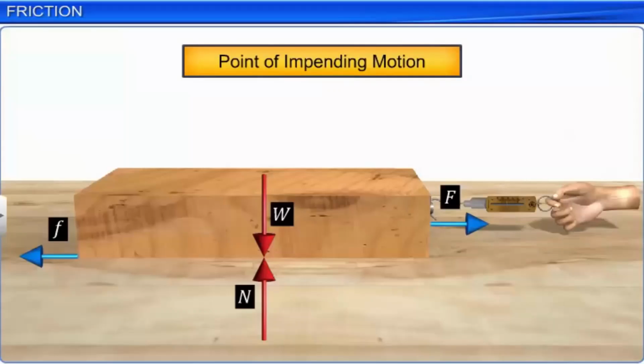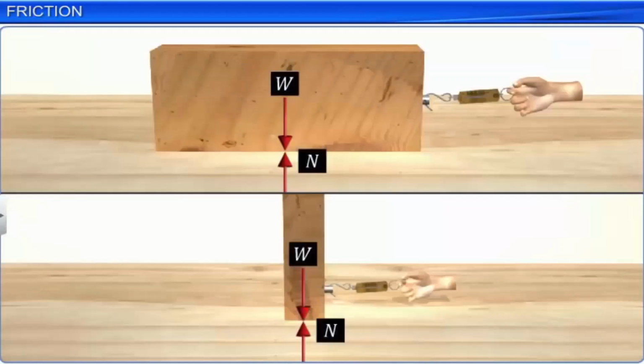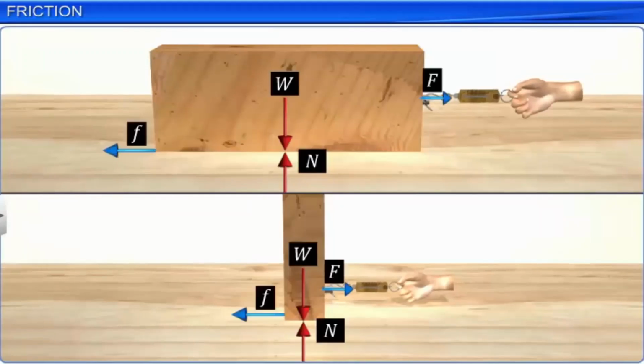We can repeat the experiment by placing the wooden block in different positions, such that different surfaces are in contact with the tabletop. We will find that the limiting frictional force is same in all cases.